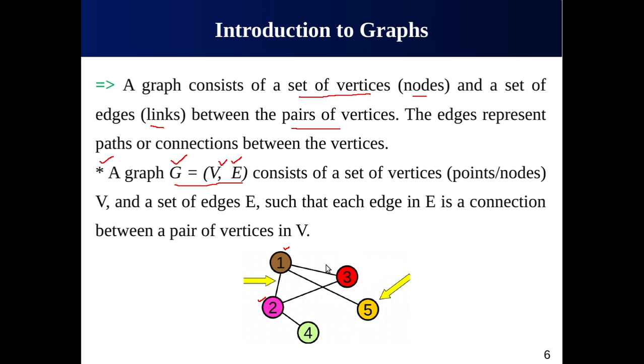How many vertices do we have in this graph? You can count them: 1, 2, 3, 4, 5 nodes. The total number of edges here is 1, 2, 3, 4, 5. They are also 5. It's not necessary that they always have to be the same. They could be different. You can even have more than one path possible between any two vertices.